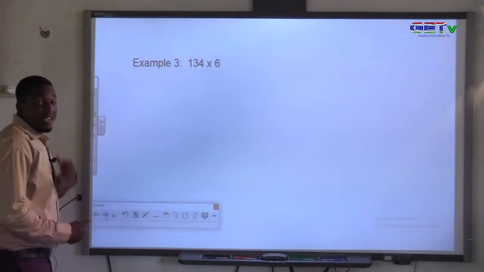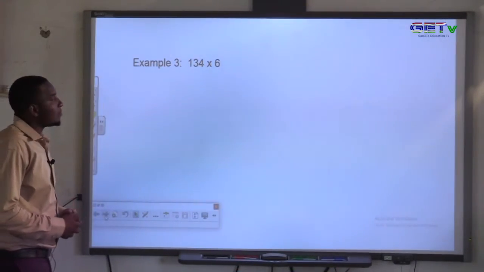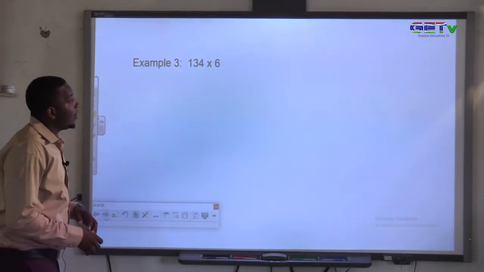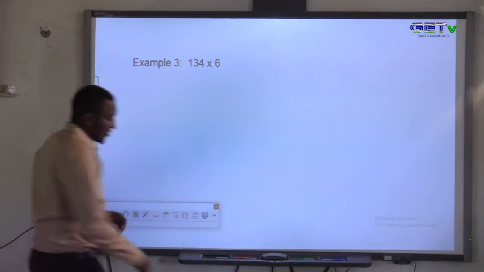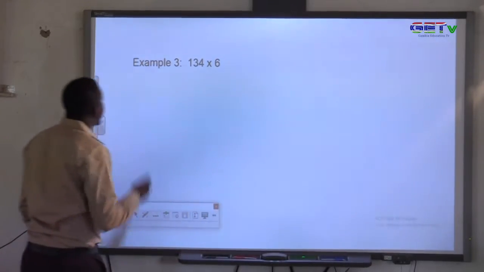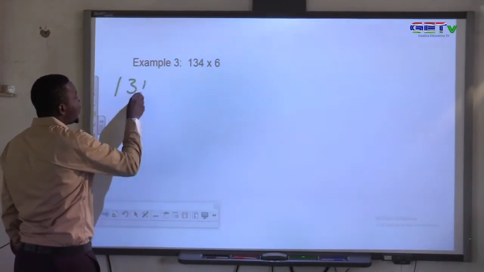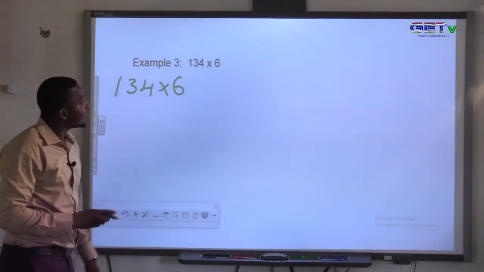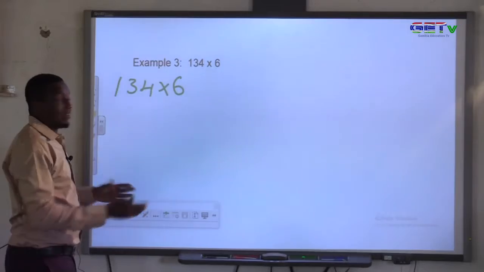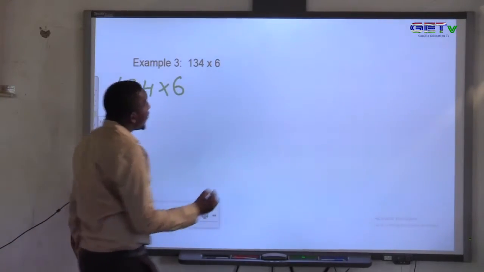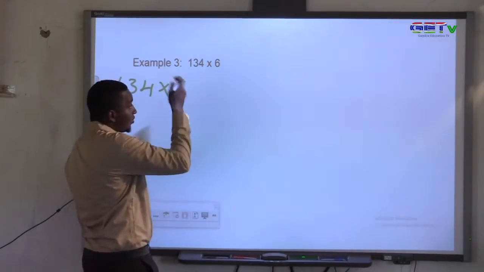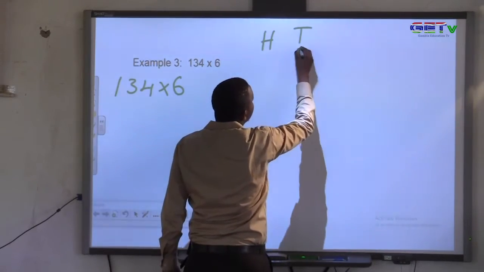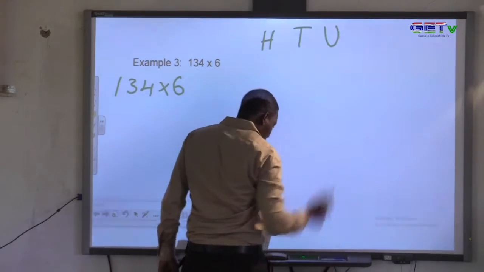Well, our third example, we have 134 multiplied by 6. We just go straight and draw our columns for the 100, tens, and units.